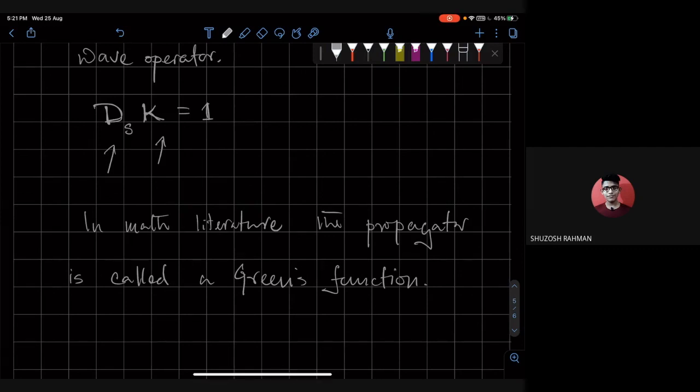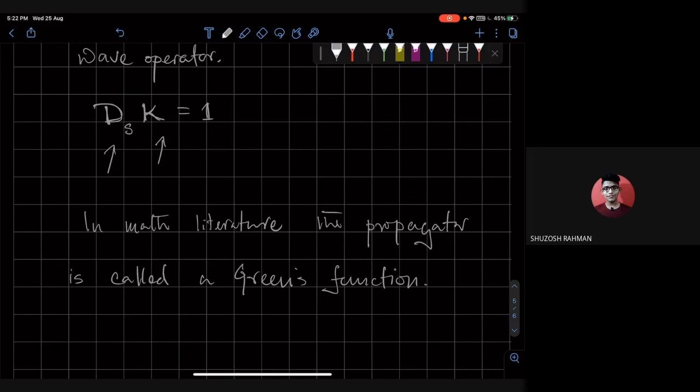So when Feynman was developing his quantum electrodynamics and his version of quantum mechanics, he confided what he was trying to do to Freeman Dyson. And Freeman Dyson told him, oh, what you're doing here, these are called Green's functions.